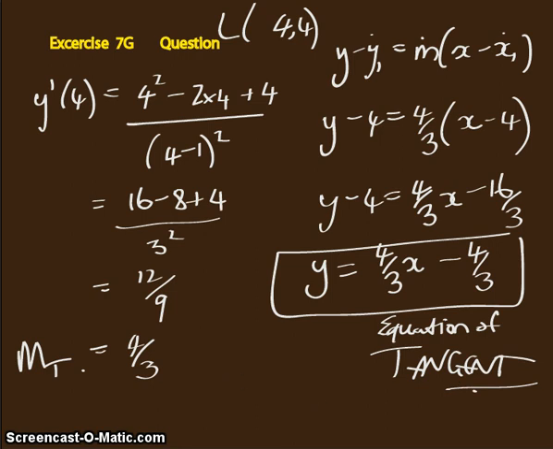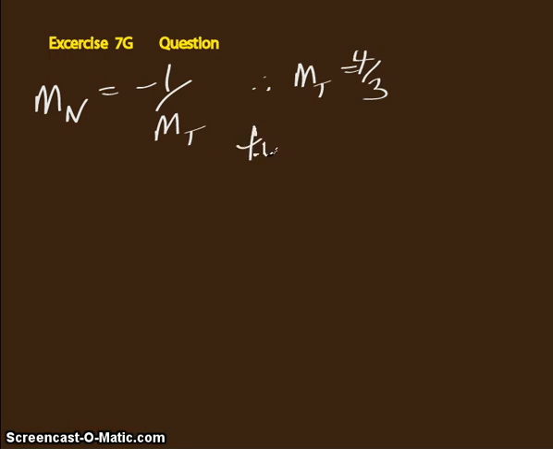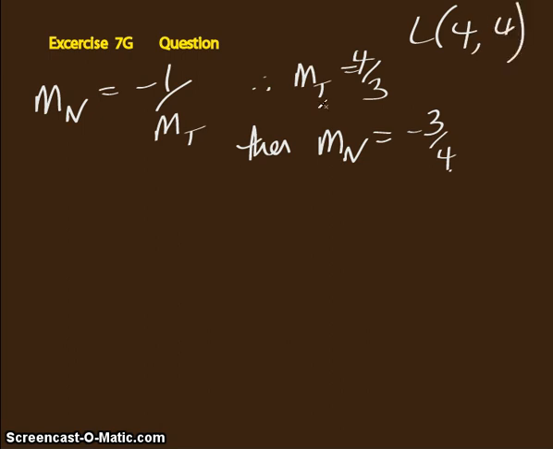We also want to find the equation of the normal. To do that, we need to know that the gradient of the normal is the negative reciprocal of the gradient of the tangent. So therefore, if this was 4/3, then the normal is minus 3/4. The point L still hasn't changed, it's still (4, 4).